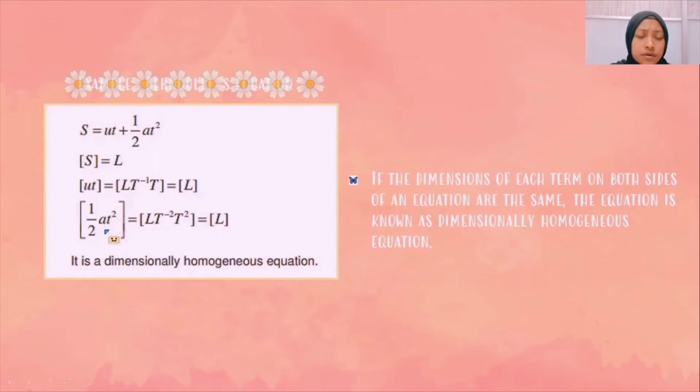The dimension for acceleration is LT^-2 times T squared, so it equals L. The dimensions for both sides are the same. Then the equation is known as a dimensionally homogeneous equation.